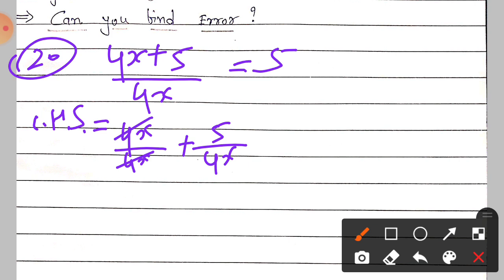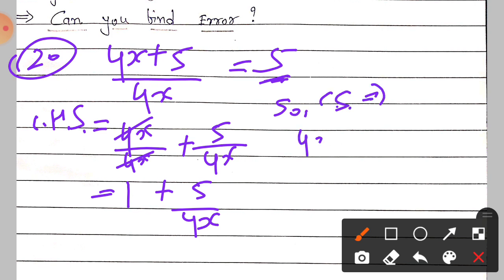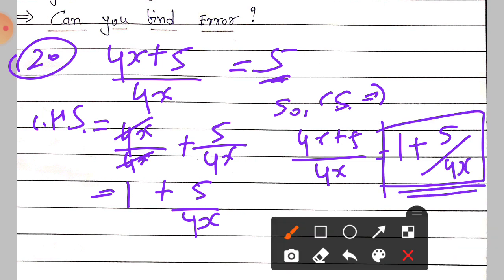The 4x cancels, so that means 1 plus 5 upon 4x. This is the answer, so there is an error in this question. The correct statement is 4x plus 5 upon 4x is equal to 1 plus 5 upon 4x. That is the answer.